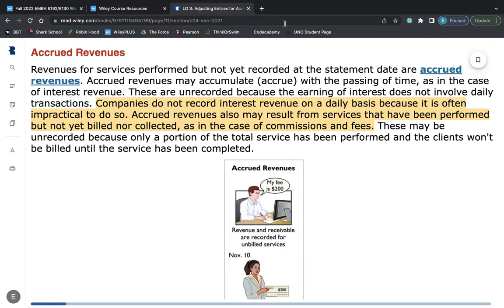Companies do not record interest revenue on a daily basis because it is often impractical to do so. Accrued revenues also may result from services that have been performed but not yet billed nor collected, as in the case of commissions and fees.